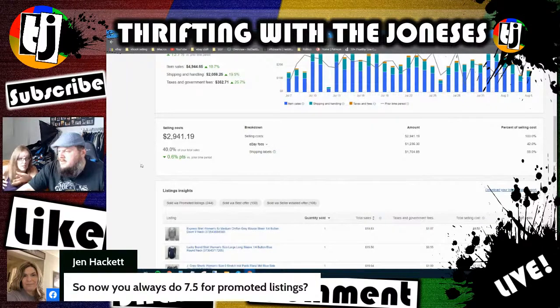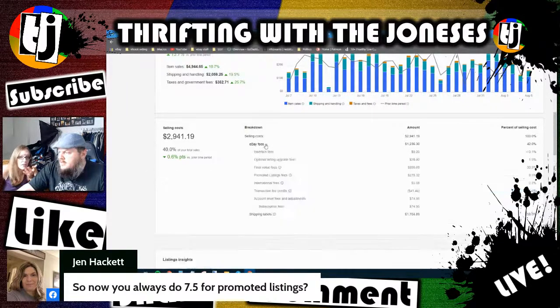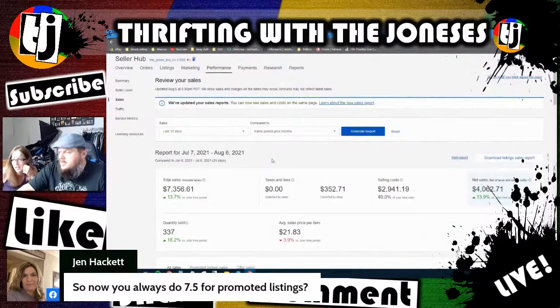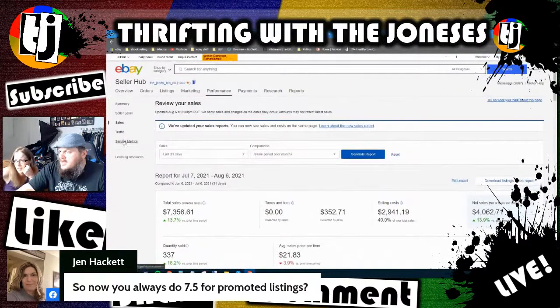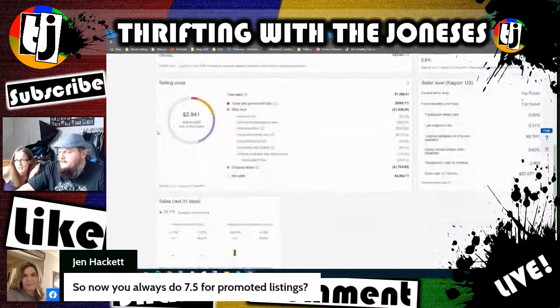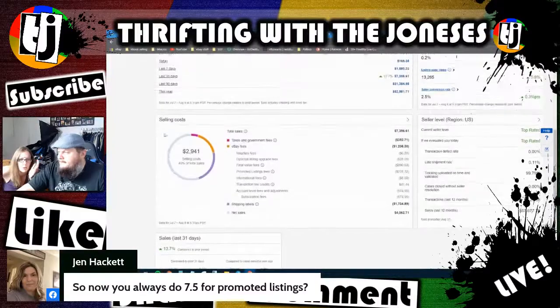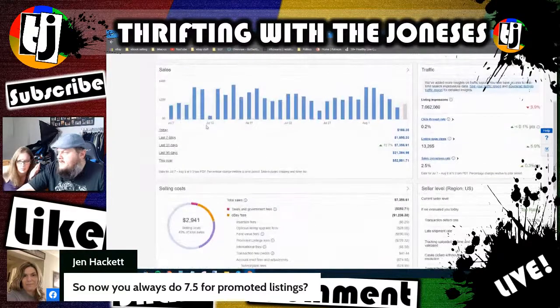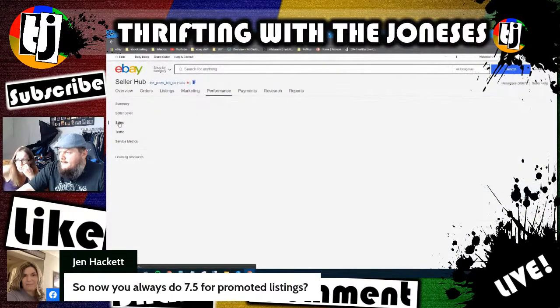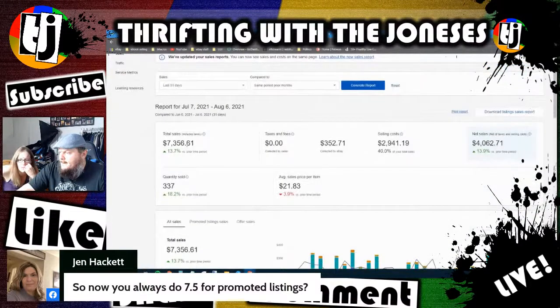If it happens to sell organically, eBay does not collect that $1.88, and it will differentiate what you're making organically versus a promoted listing. It's literally like a quarter of what you put in versus what you get back from it. I know the ratio is so worth the extra money just off of what you make on it alone.